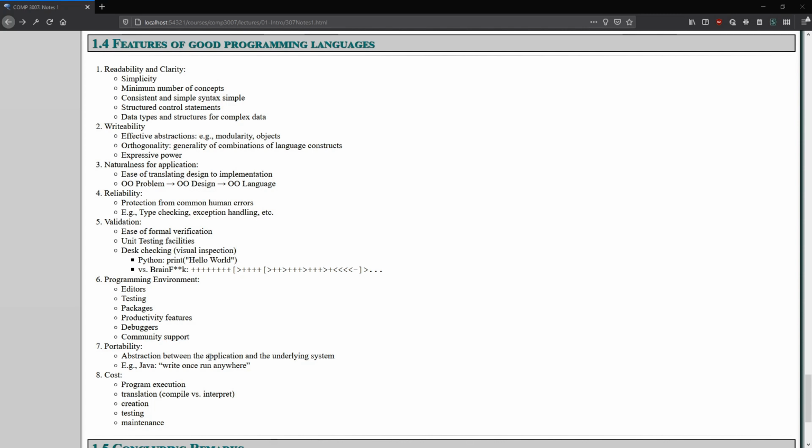How easy am I going to find my own errors? How easy will it be to test my code to determine if it's robust? Things like, is there support out there for IDEs or community support for all sorts of language features and libraries? All of this feeds into the idea of how effectively I will be able to solve my problem.